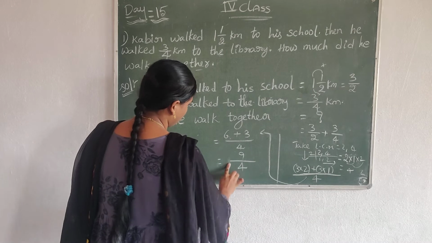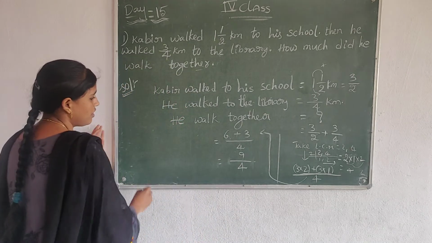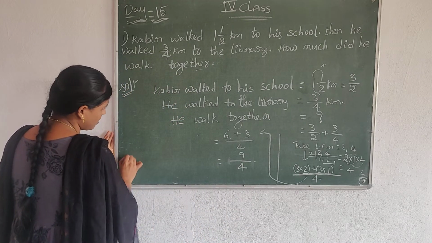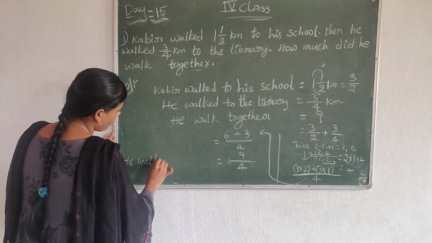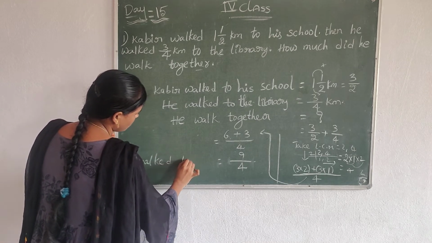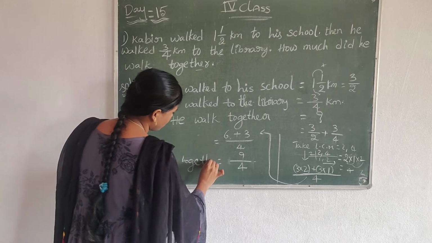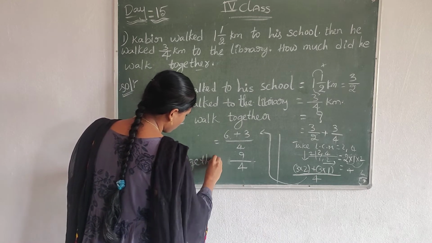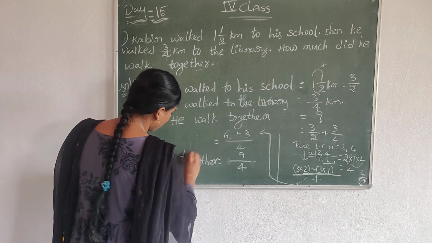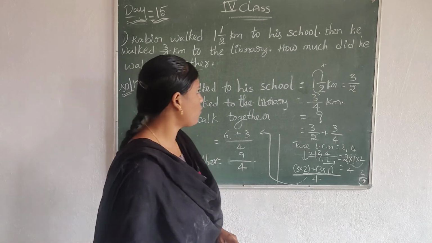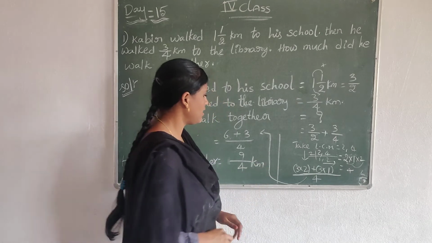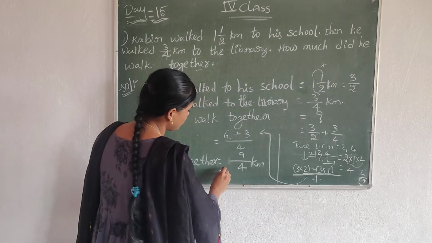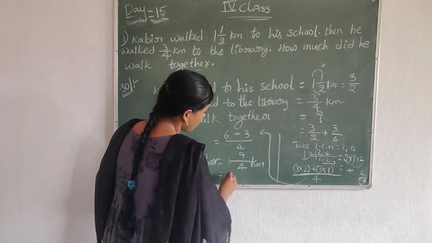So he walked together 9 by 4 kilometers. Convert these kilometers into a mixed fraction.